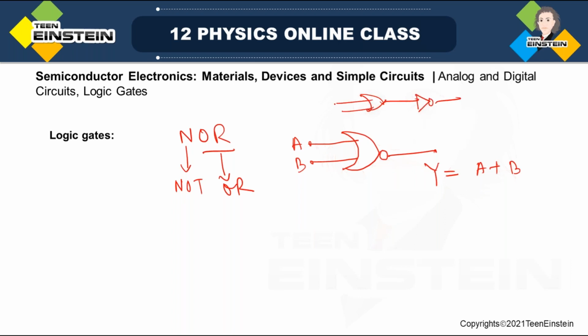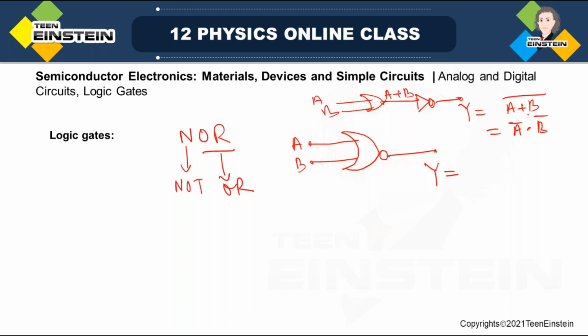So if you have A and B, OR will give you A or B, and this NOT gate is saying that you will get the final output to be A plus B whole bar, sorry, A or B whole bar. So A bar dot B bar. So the final output will be A bar dot B bar.